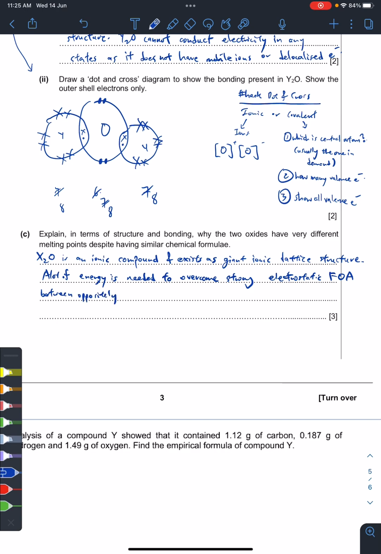You don't need to tell me what ion exactly. At least say oppositely charged ions. Therefore, X2O has a high melting point. Yay! That's it.